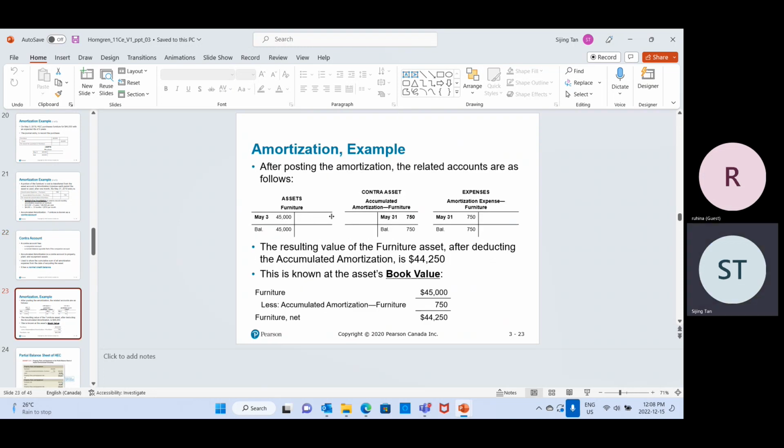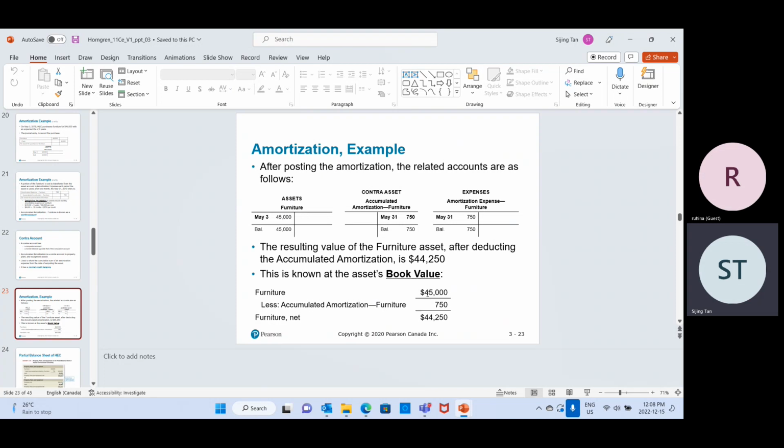So when you take a look at a T account, we spent $45,000 to purchase the furniture, so on the debit side. And then accumulated amortization increased $750. Because it reduces the asset account, it goes to the credit side. Then amortization expenses increase is reported on the debit side. Okay. Now the book value.